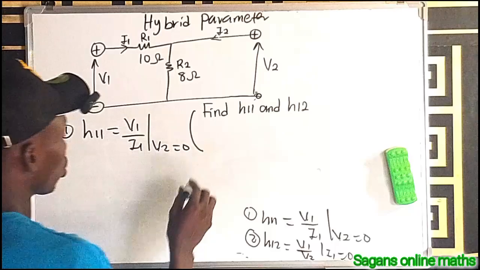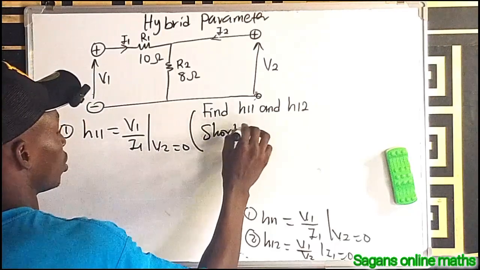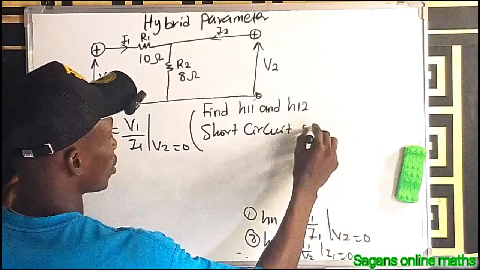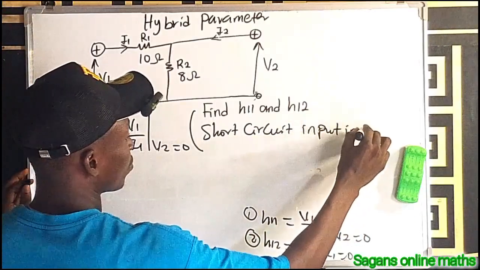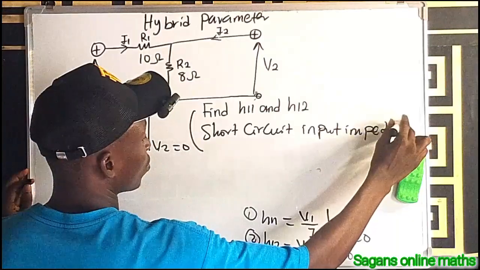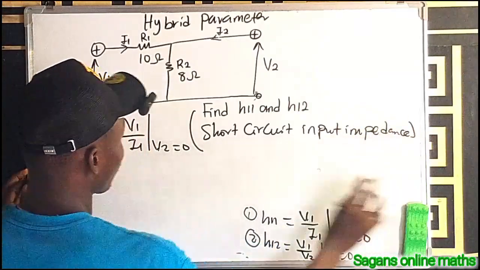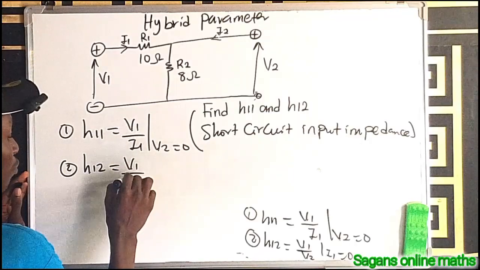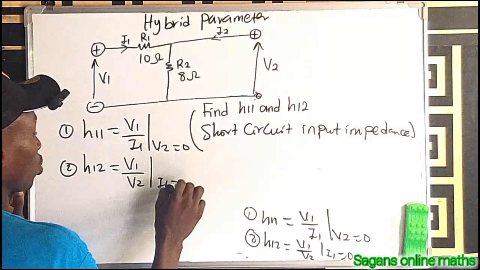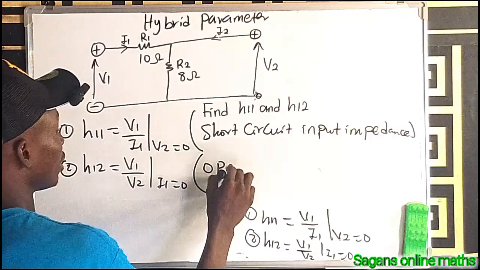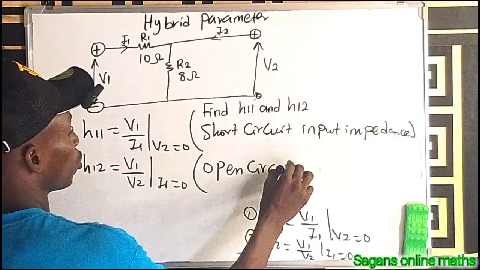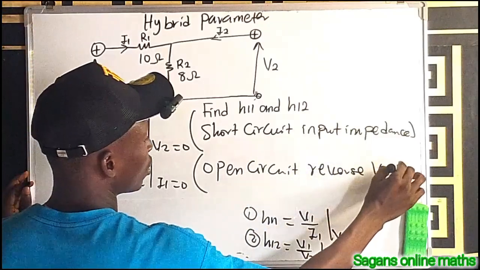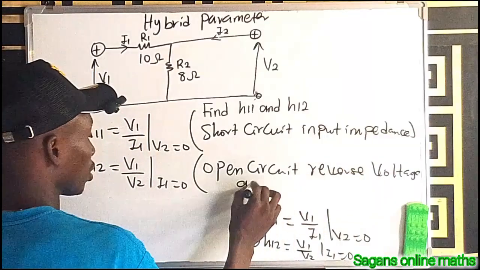This is called short circuit input impedance. Then for h₁₂, equal to V1 over V2, where our I1 is equal to 0, it is called open circuit, because when current is 0, it's open circuit, reverse voltage gain ratio.